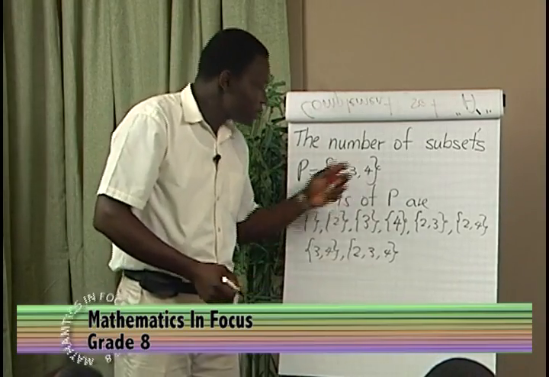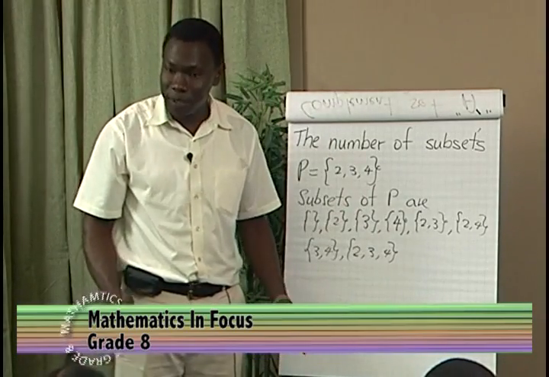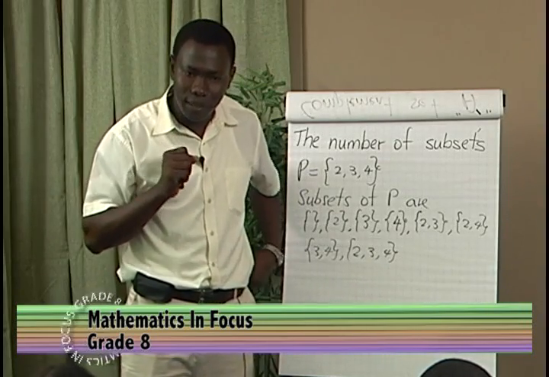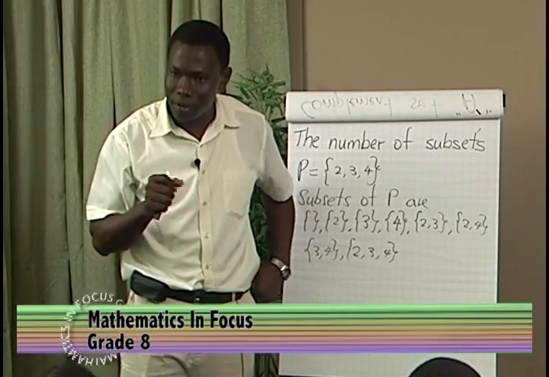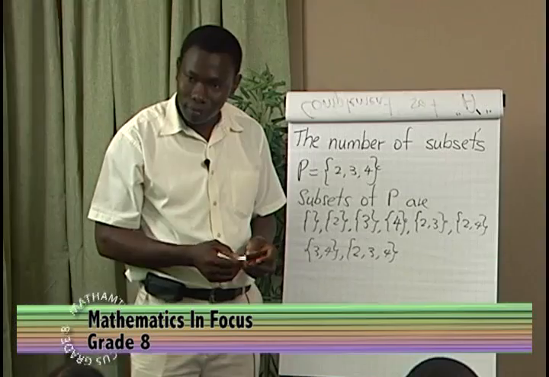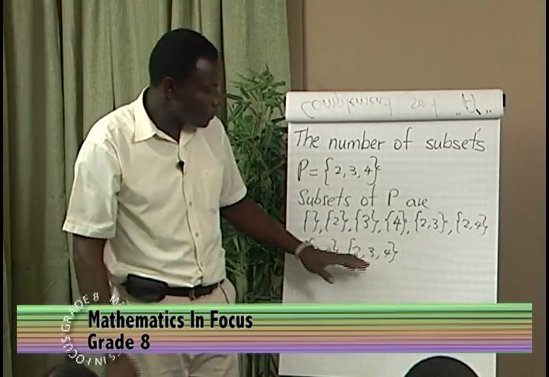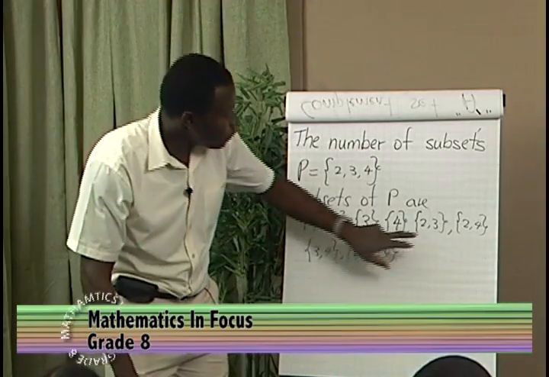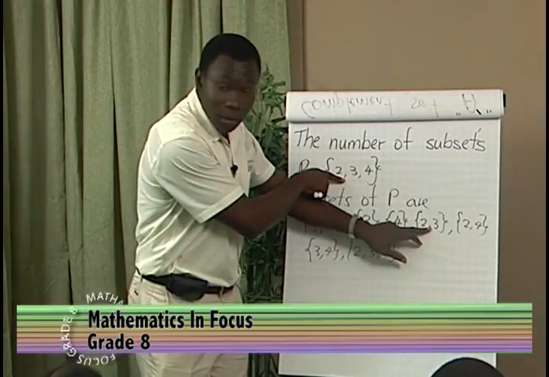But this is the set itself, so why do we still have it as a subset? How did we define a subset in the last class? We said it's a set for which all its elements can be found in the other set. So, can we find all the elements of this set in this set here?